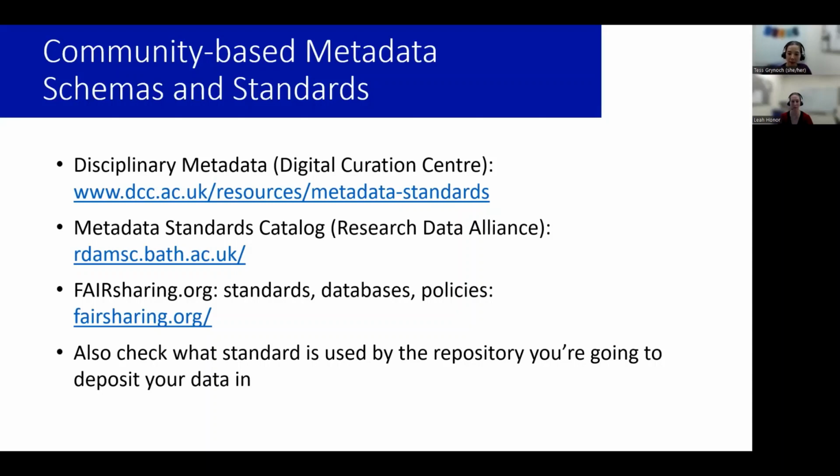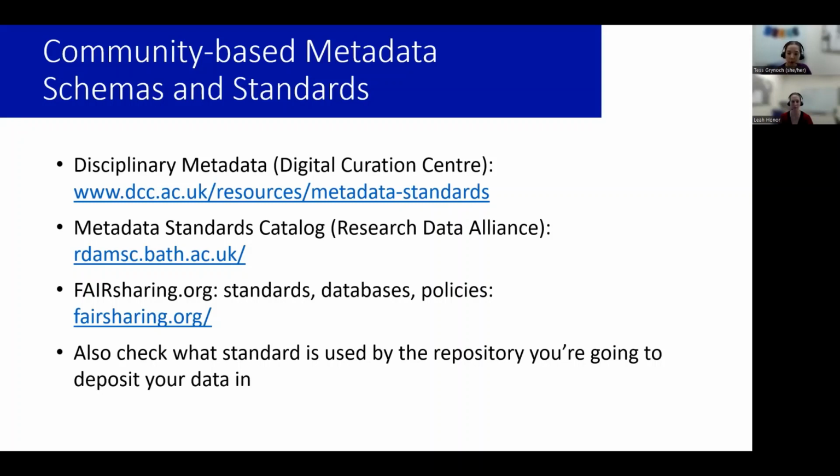To help find the standard for your discipline, there are 3 directories maintained by different groups: the Disciplinary Metadata Registry, maintained by the Digital Curation Centre, the Metadata Standards Catalog, maintained by the Research Data Alliance, and fairsharing.org, which is a registry of standards, databases, and policies. The repository where you want to deposit your data will also probably have its own metadata standard.